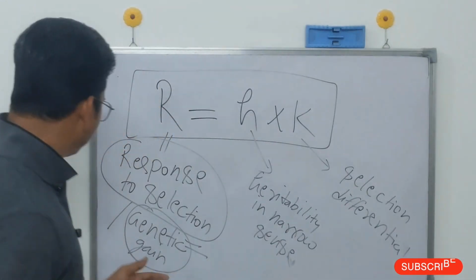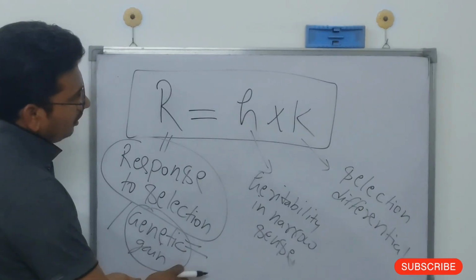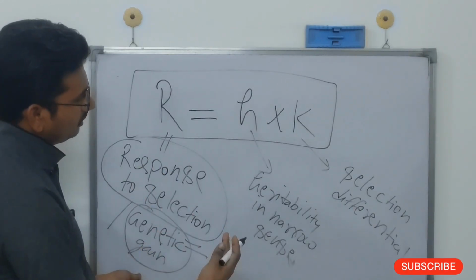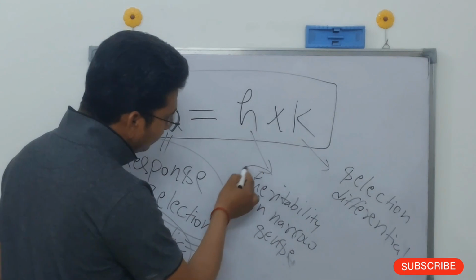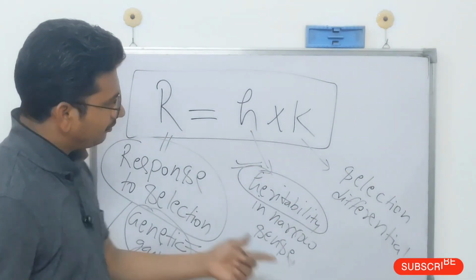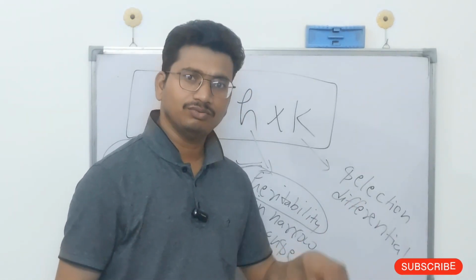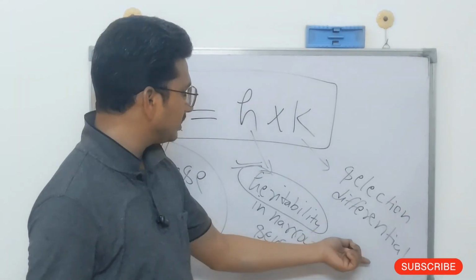Okay, so this is the genetic gain, and genetic gain will enhance if the heritability of a particular character will enhance, and when the selection differential will enhance. What is selection differential?